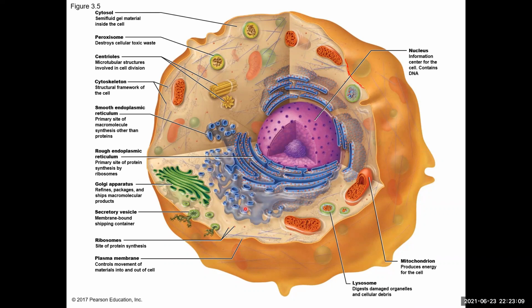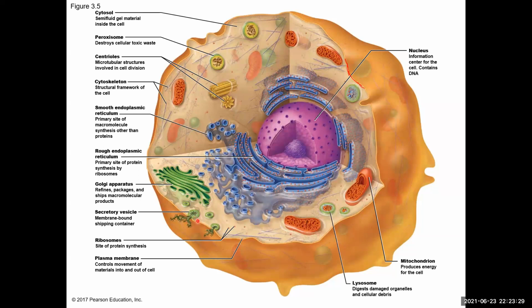And then once you leave the smooth ER, you get to this pancake-like membrane structure called the Golgi apparatus. The Golgi apparatus is basically like a package area where it ships those molecular products either inside the cell or out of the cell.